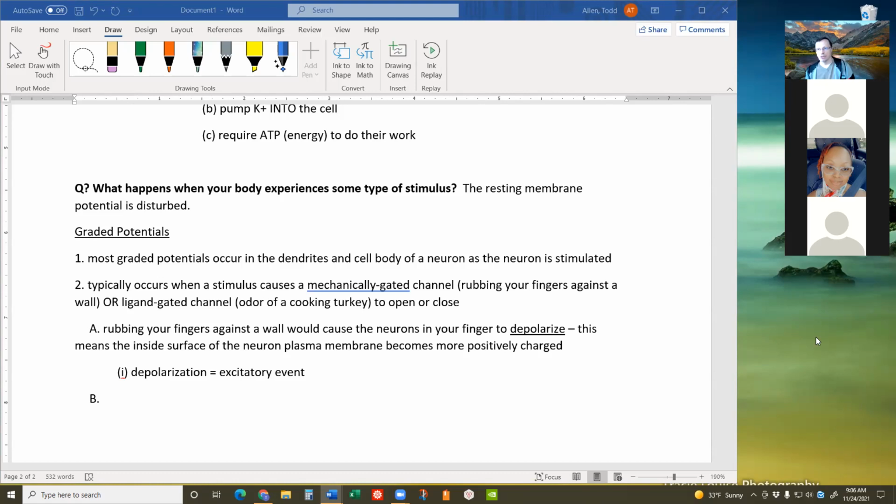Do you imagine that you want excitatory events in your nervous system as you are trying to fall asleep?